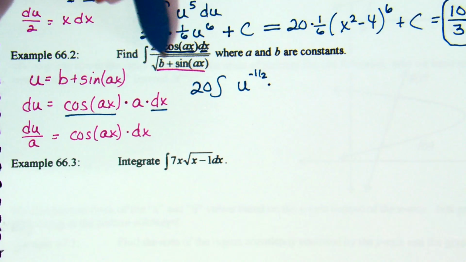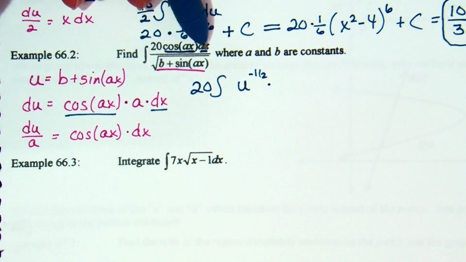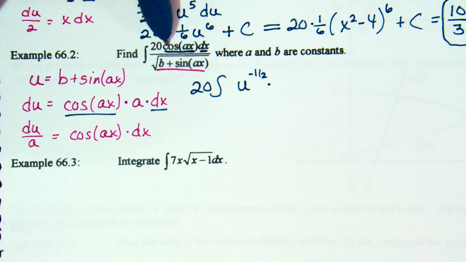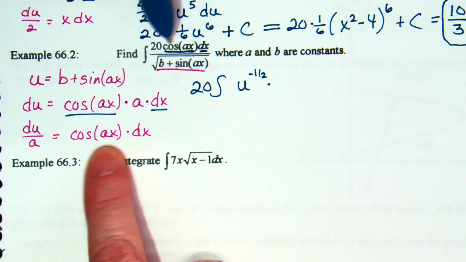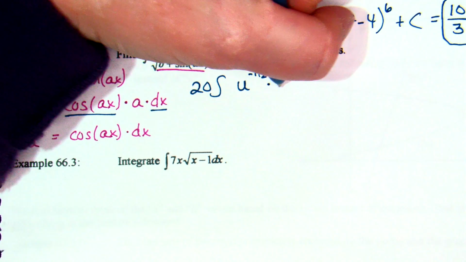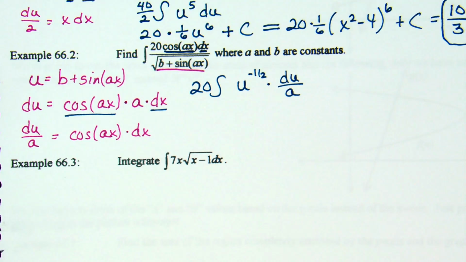What have I not replaced yet? Yeah. Cosine ax dx. What was cosine ax dx equivalent to? Du over a. Now, keep in mind, a is a constant.